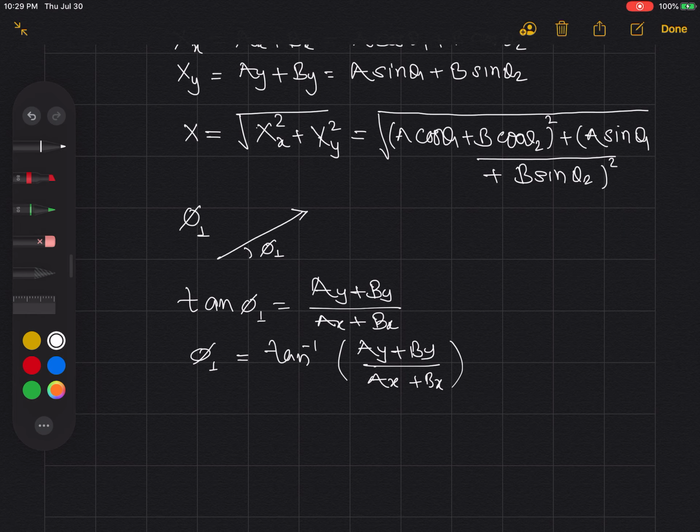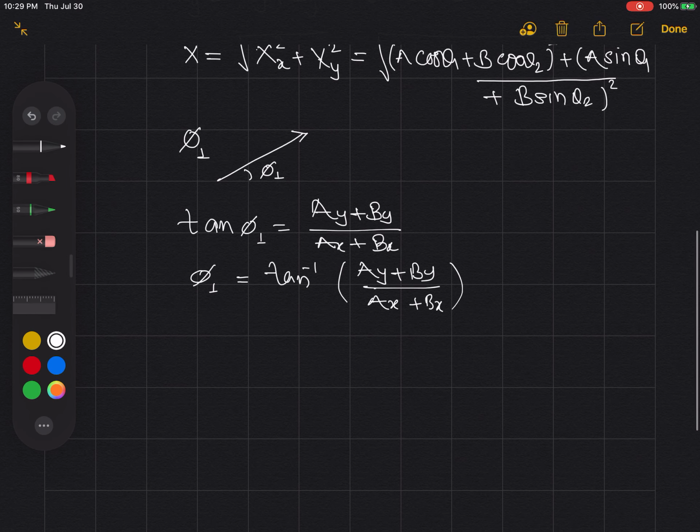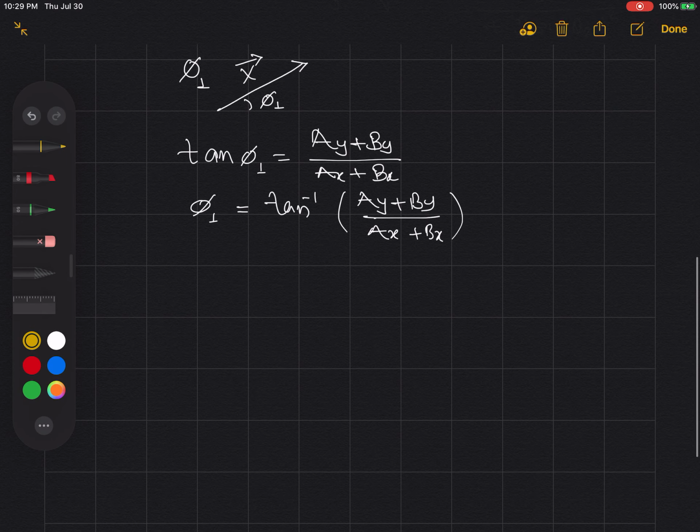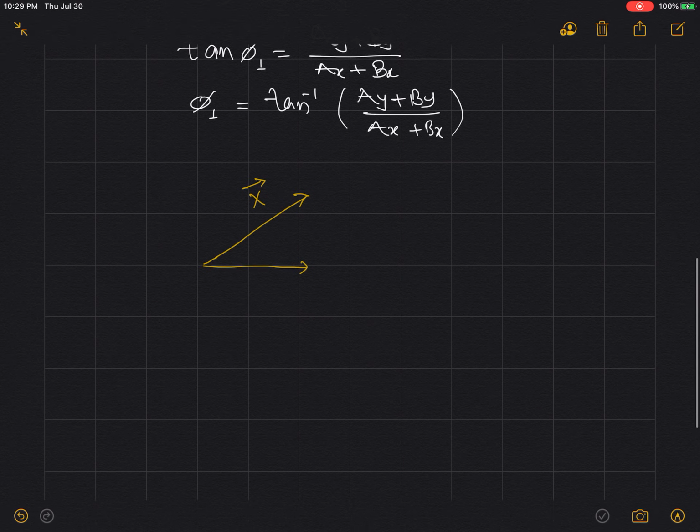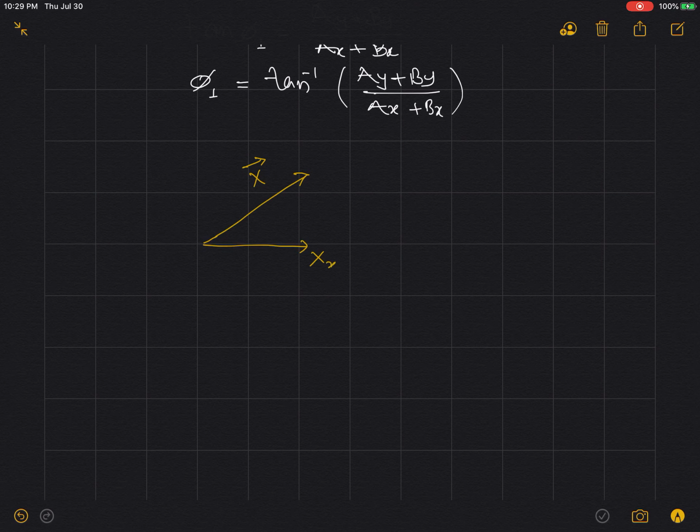Now we need to add a third vector. This is vector x. Now we will again do the same thing for x. We will find out the x component of x and the y component of x.